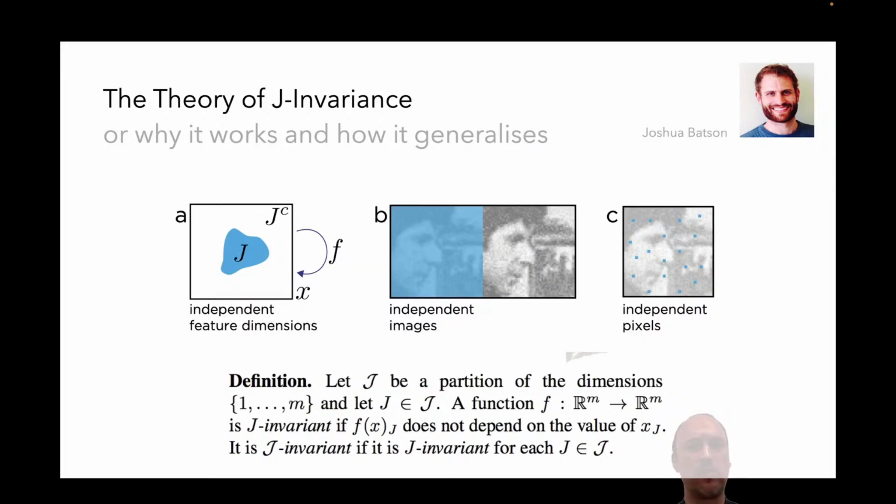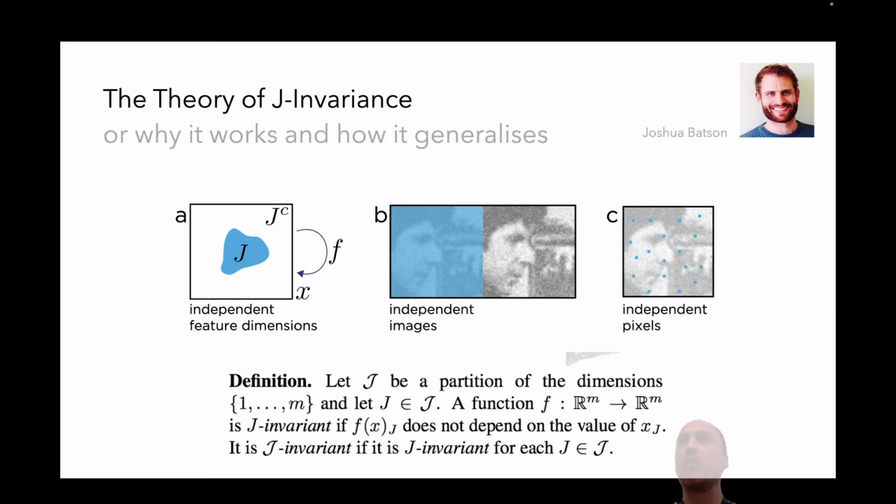And this generic theory we call the theory of J invariance, which is quite involved and basically says that for any given denoising algorithm, we have a way to discover the best sets of parameters so that the denoising algorithm can denoise images in the best possible way.